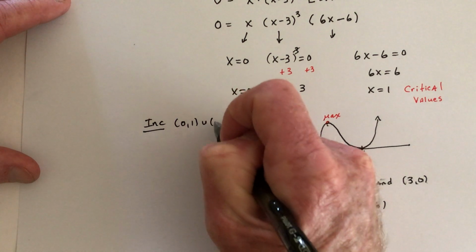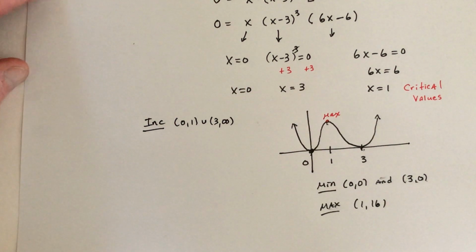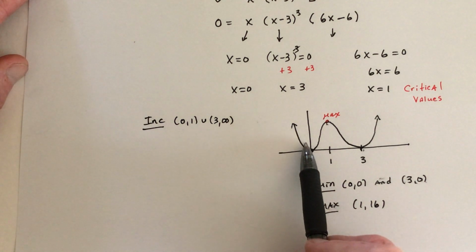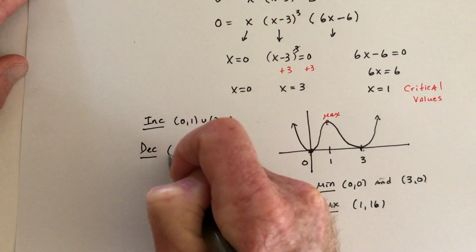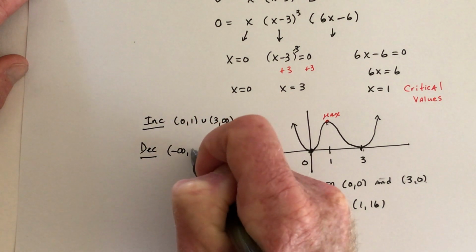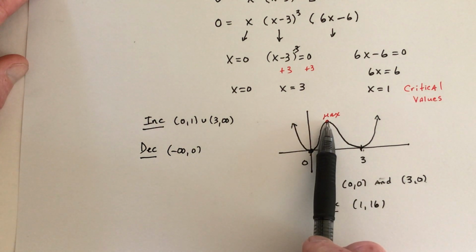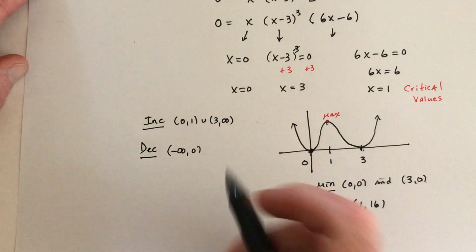So union from 3 to infinity, it's also increasing. And for decreasing, that would be this left side. So that's from -infinity to 0. And then also, as it goes from the top of the roller coaster down to the bottom, that's decreasing. So that's from 1 to 3.